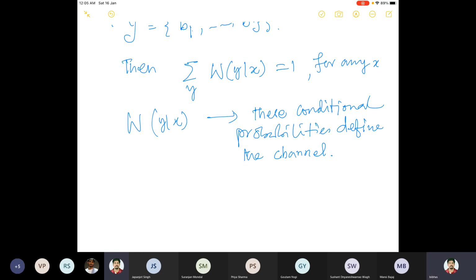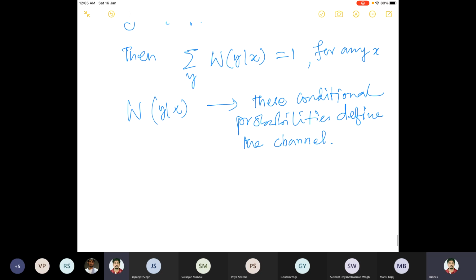Now here we are talking about two random variables, X and Y. So what is the joint distribution here?